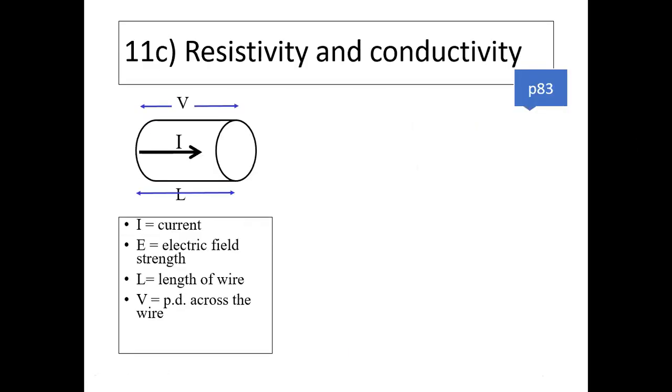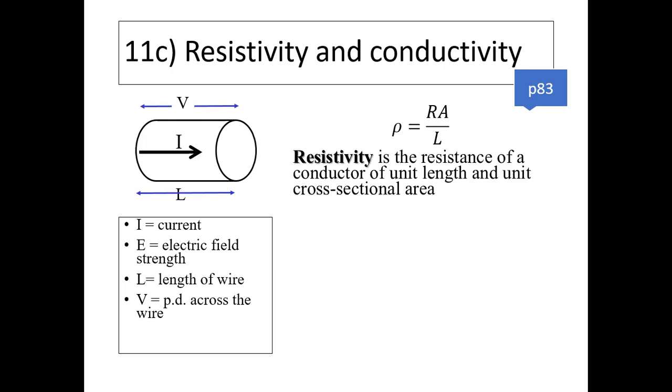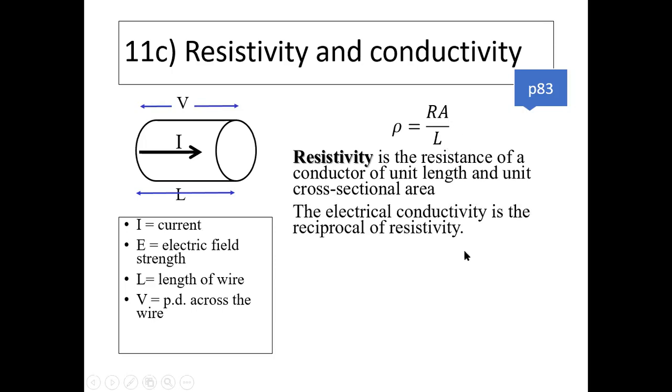Now we want to relate resistivity to conductivity. There's a formula for resistivity. We say the length is 1, area is also 1. Conductivity is the reciprocal of resistivity, 1 over rho.